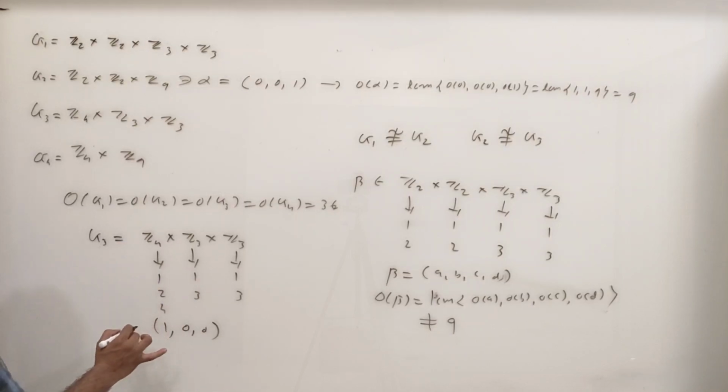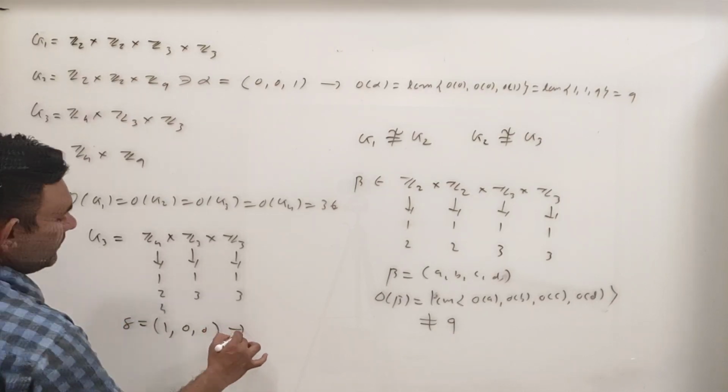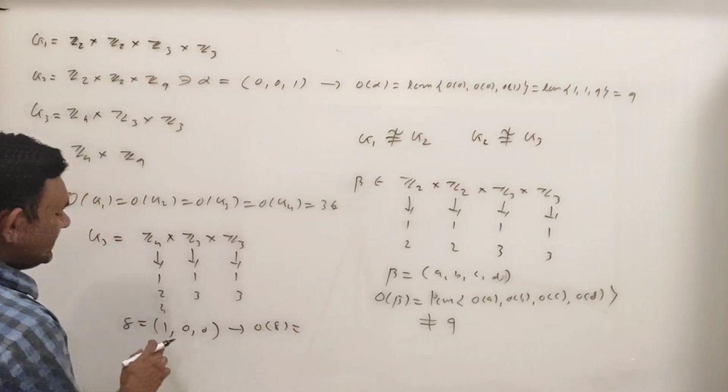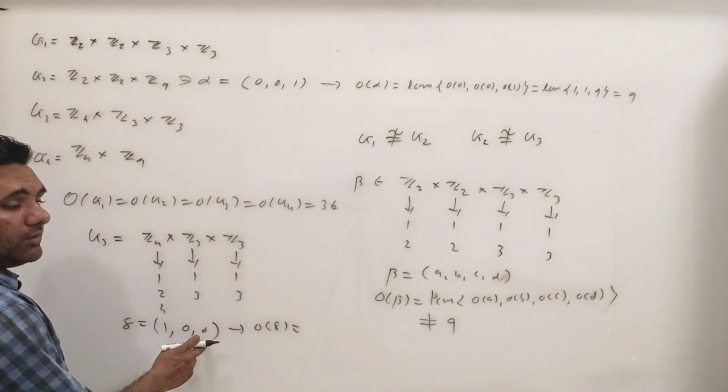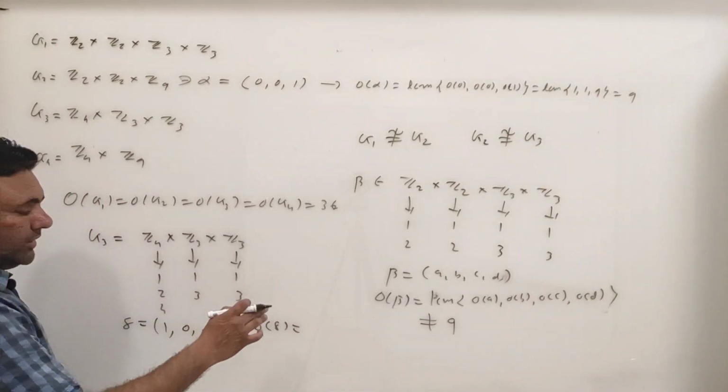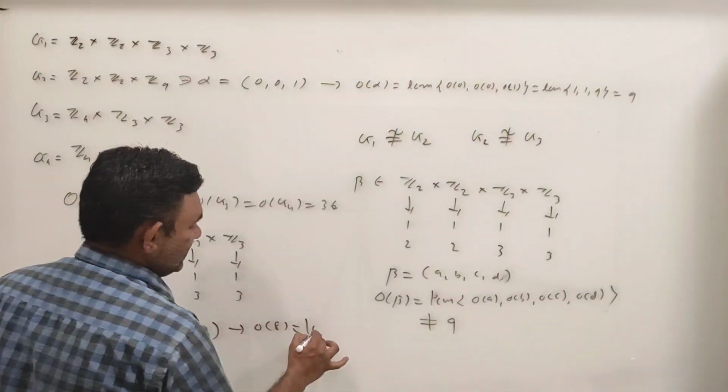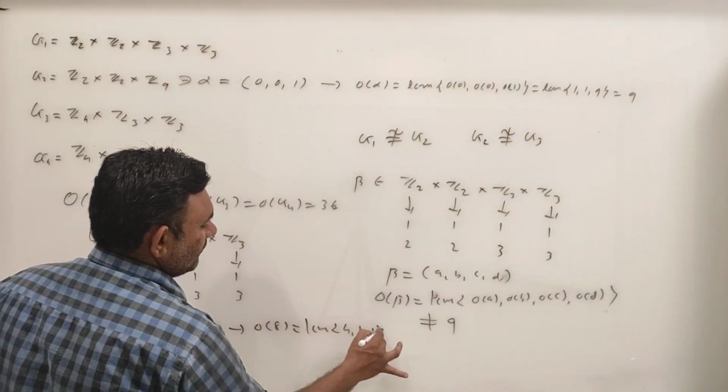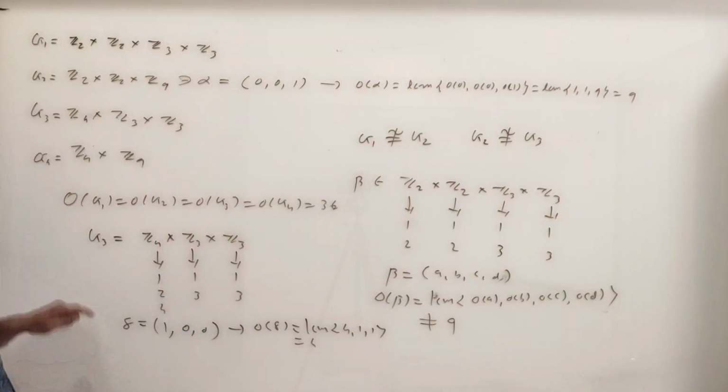So the order of this element, say it is delta, will be the LCM of the order of 1, 0 and 0, that is the LCM of 4, 1 and 1, and that is 4. So G3 contains an element of order 4, but G1 and G2 do not contain any element of order 4. Why?